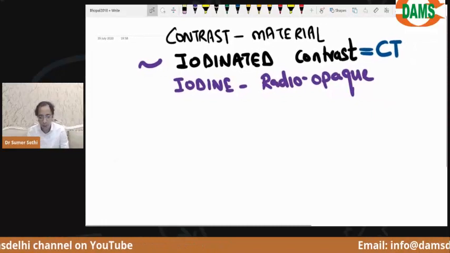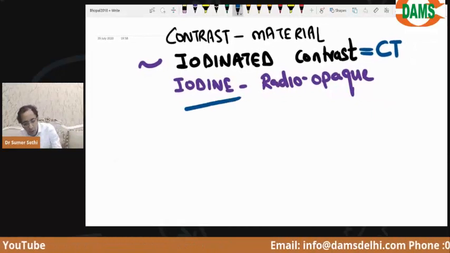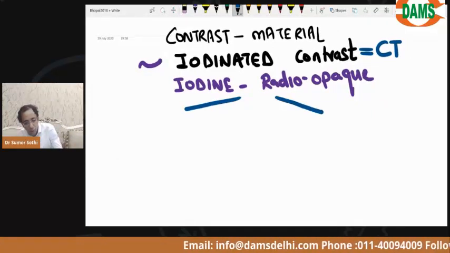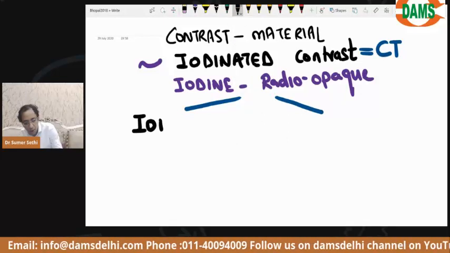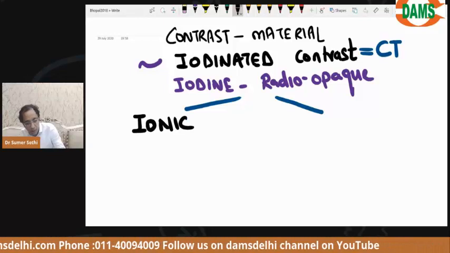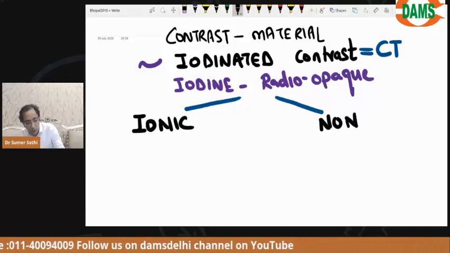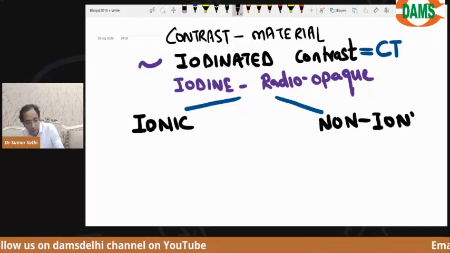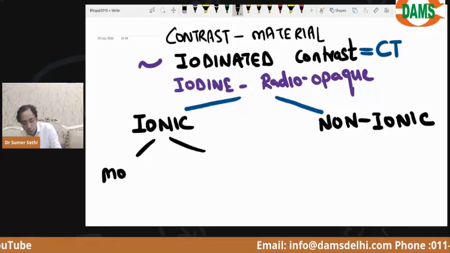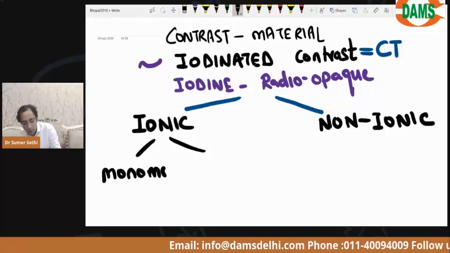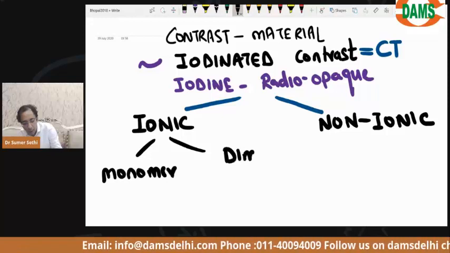Now answer, these iodinated contrasts can be divided into two types. This will be slightly tough, but we need to know it. Ionic dyes, non-ionic dyes, and these can be further divided into monomers and dimers.